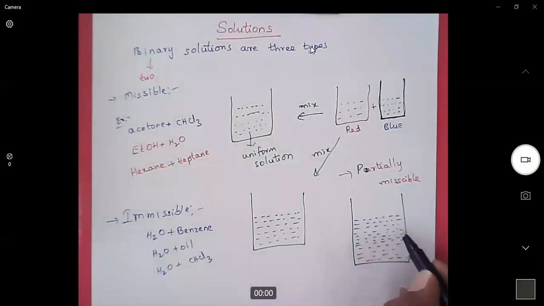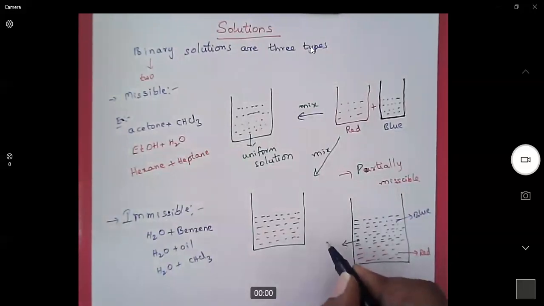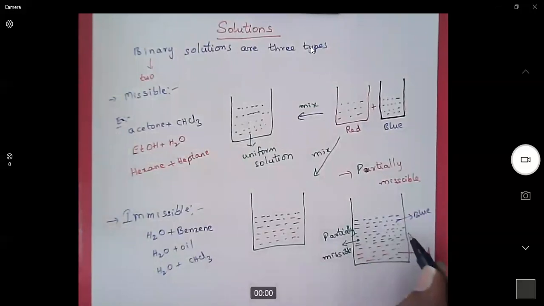Red color component will have its own existence. Say for example, this is blue, this is red. They have their own existence, but to some extent it is partially miscible. Only a small portion is miscible, whereas blue color has its own characteristic or phase, red color has its own characteristic.